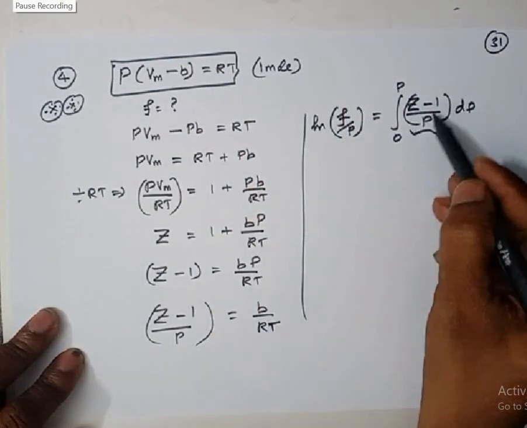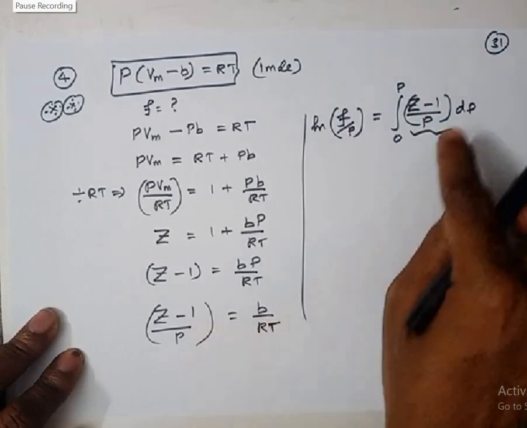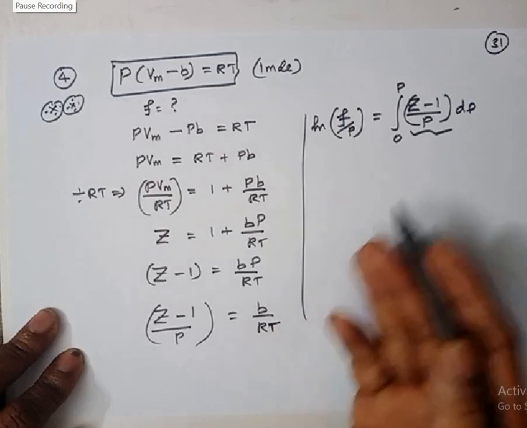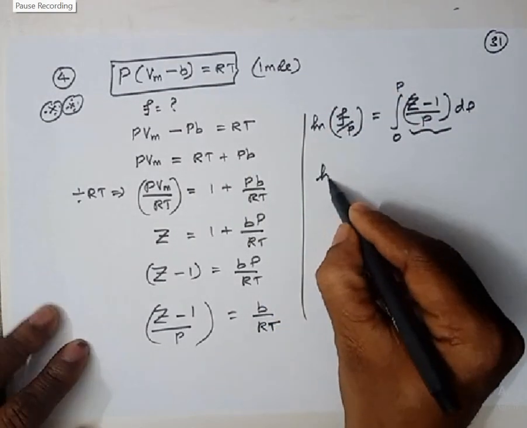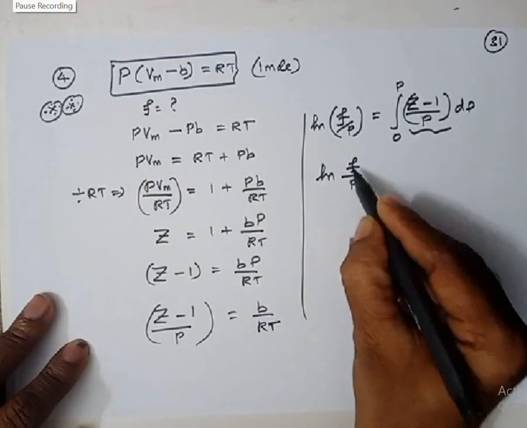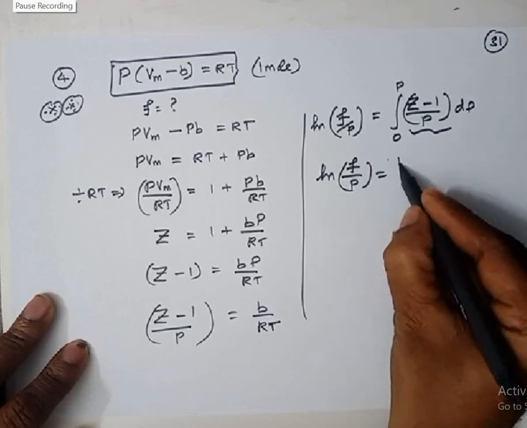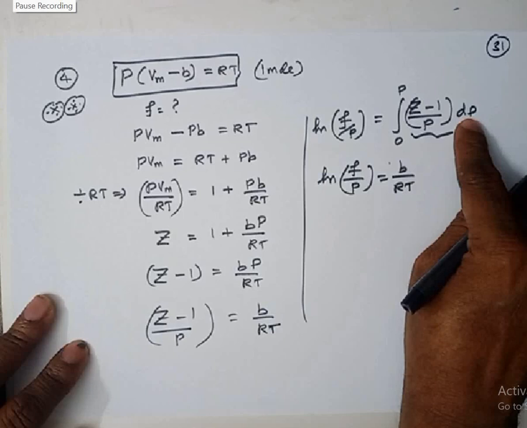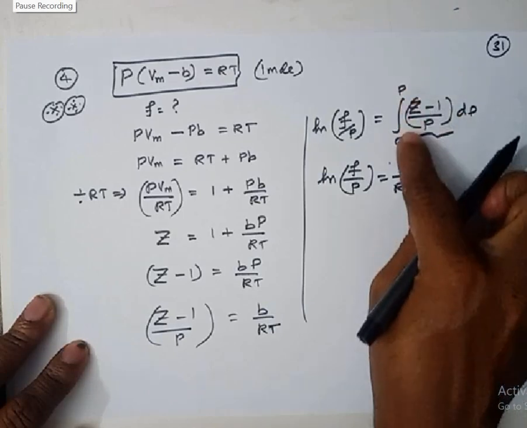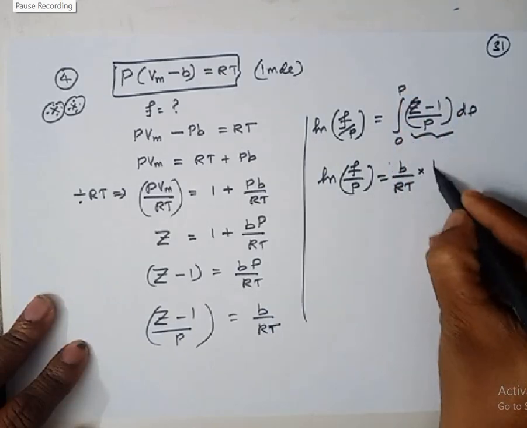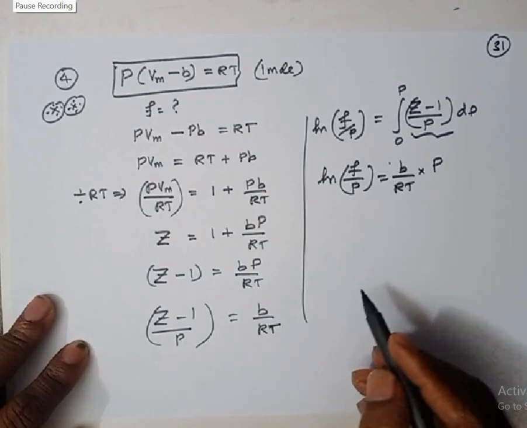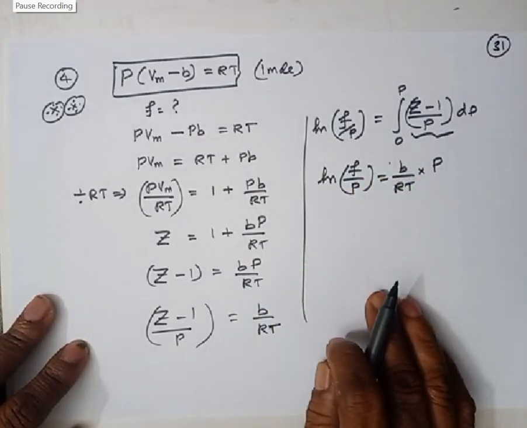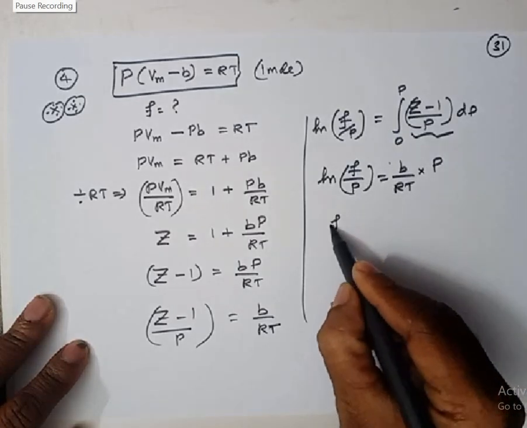If it obeys this equation of state, then what will be the fugacity expression? In the place of (Z minus 1) by P, I am going to put this value. B by RT is a constant, so you can keep it out. So ln F over P equal to B by RT times the integral of dP. The integral of dP is P, upper limit P, lower limit 0, so you get only P. This is the logarithm of F by P. Then what is F by P?